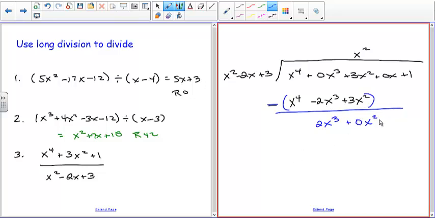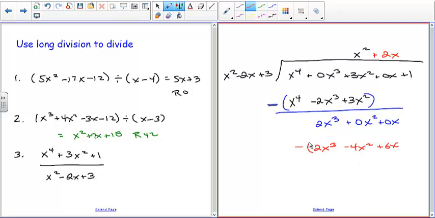Now I'm not going to bring anything down yet, well, I guess I could. 0x. Okay, next thing. What do I need to multiply x squared by to get 2x cubed? The answer is 2x. 2x times x squared is 2x cubed. So I multiply this times each term. 2x times negative 2x is negative 4x squared. 2x times 3 is plus 6x.